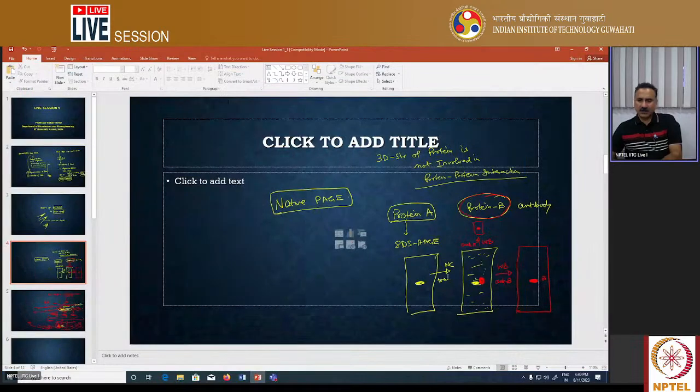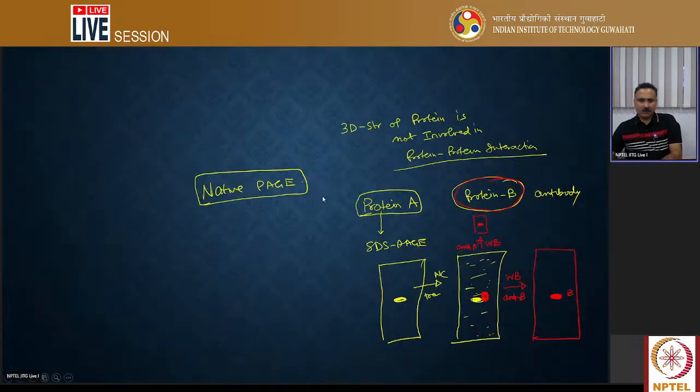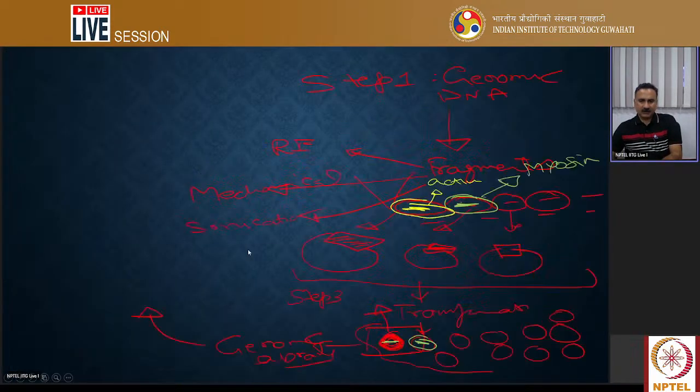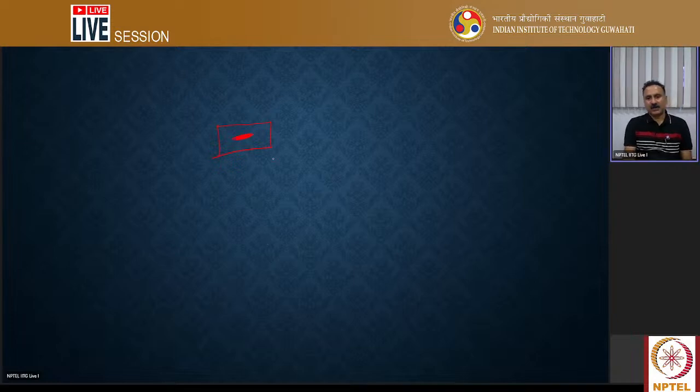So suppose for example you have a gel, right, and this is the protein you want to electroelute, right?